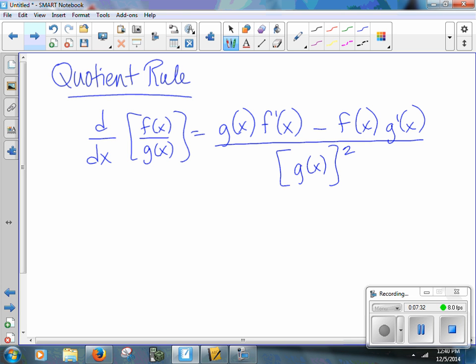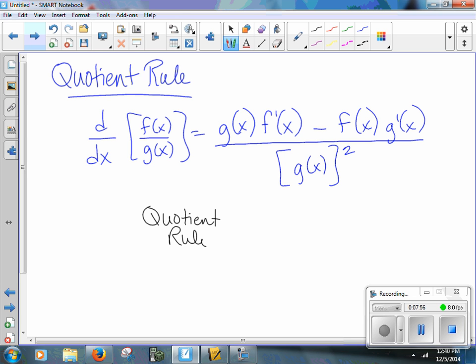So here's the way I'm thinking. Remember we went f ds plus s df, first times derivative of second. I need that somewhere on my paper to go by. Here's the guide I would use for the quotient rule: top and bottom. So here we go.